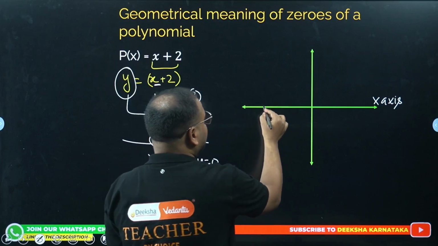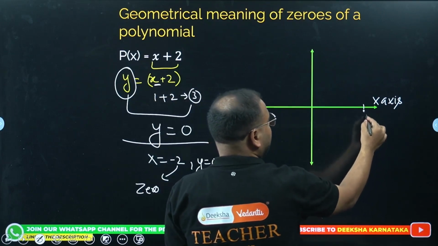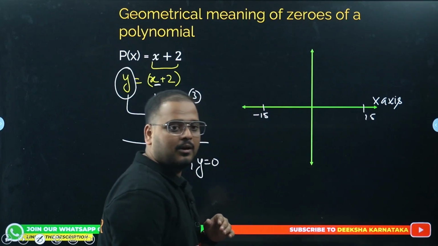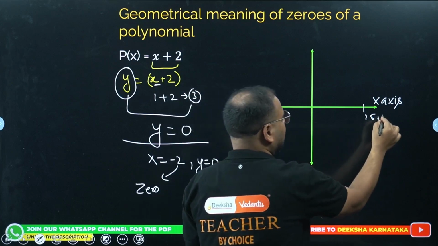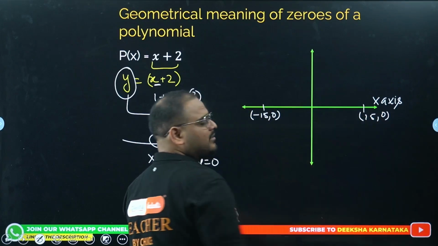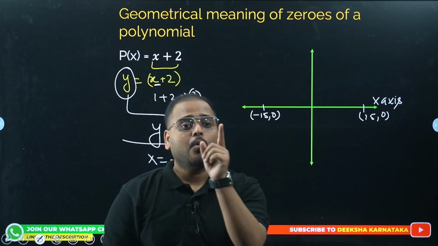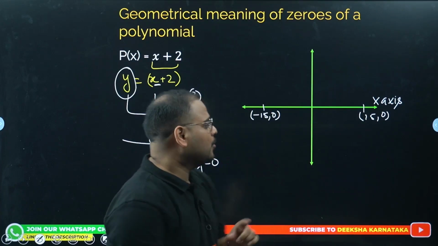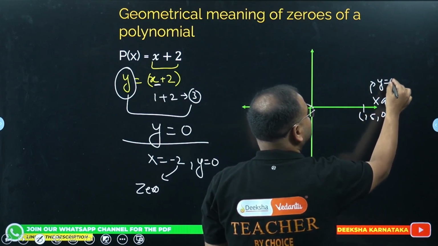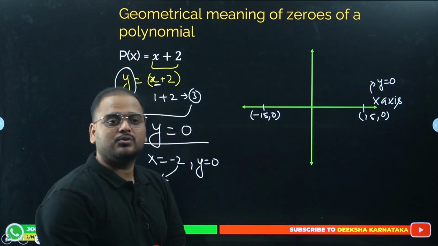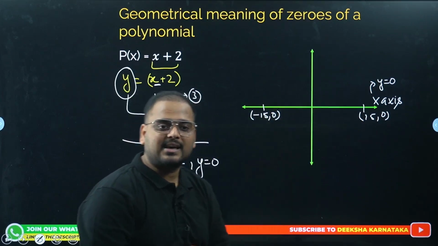Any point I take, let's say minus 15, or plus 15, the y coordinate is 0. There are infinite points on the x-axis, and for all of them the y coordinate is 0. That's why the x-axis is also called the line with equation y equal to 0.